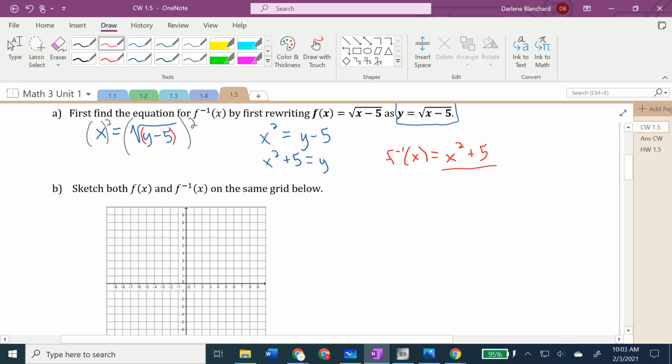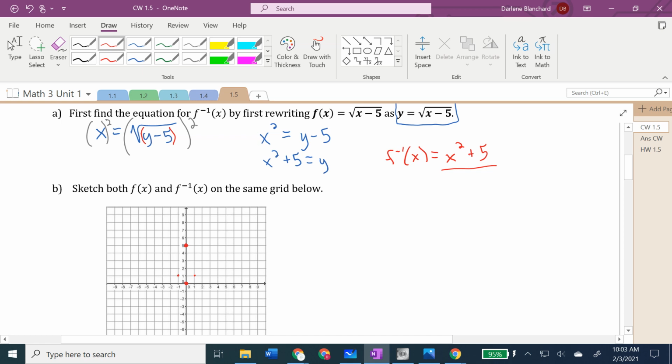When you graph x squared plus 5, that's your parabola with a vertex at the origin, moved up 5 units. So the vertex is going to move up to a y-intercept of 5.